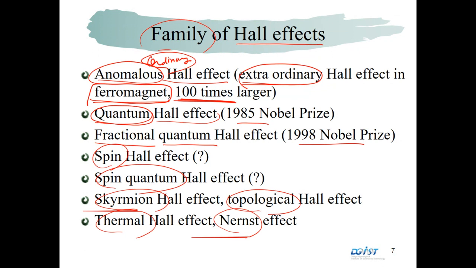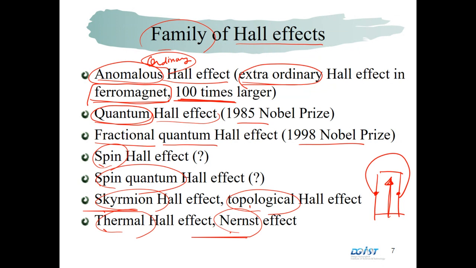There are many things. All those things happen when we measure the current in this direction and measure the voltage here. We can obtain some signals. But the whole family has different physical origins, while the measurement scheme itself is quite similar. That's why we call this the Hall effect.